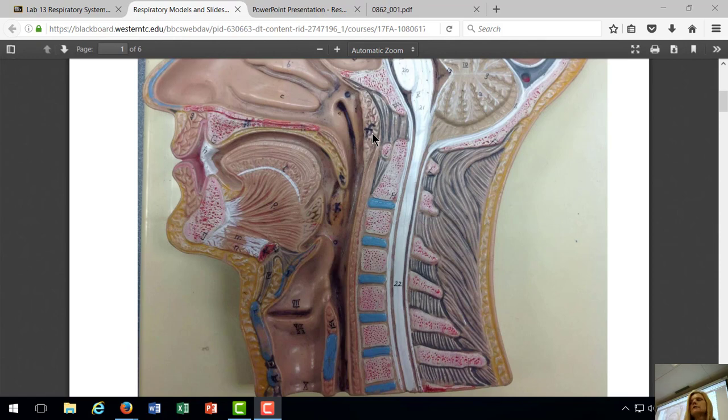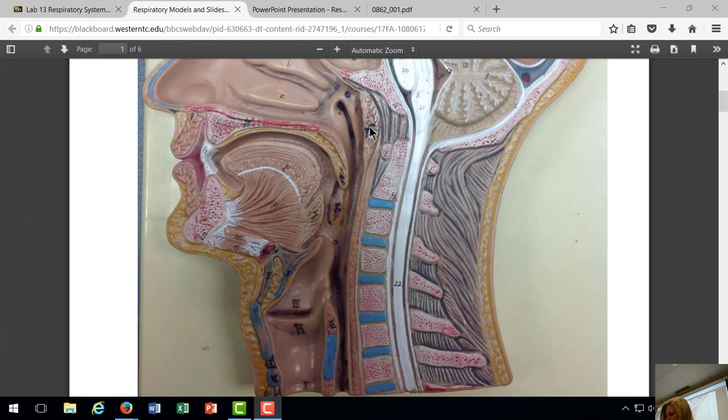It's this cluster of kind of cottage cheese looking texture material up in the nasopharynx. So that's the adenoids or pharyngeal tonsils, in the back wall of the nasopharynx.